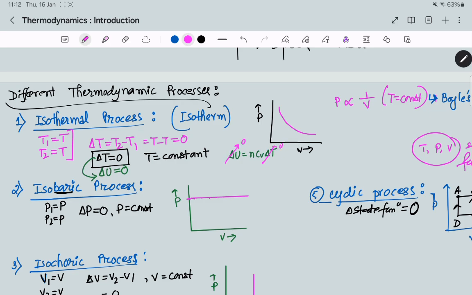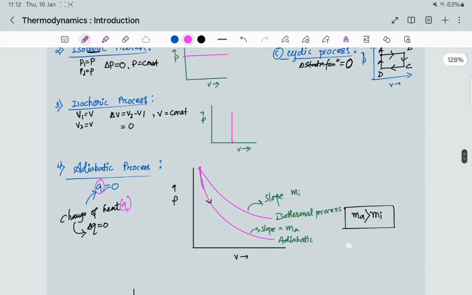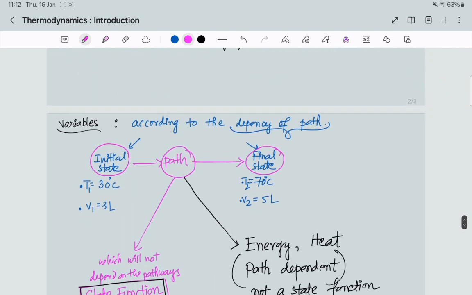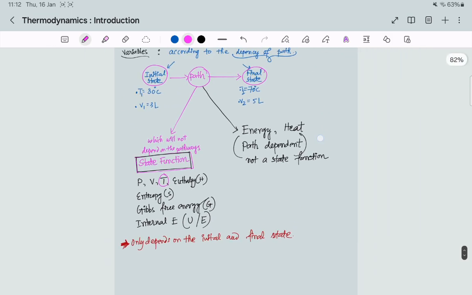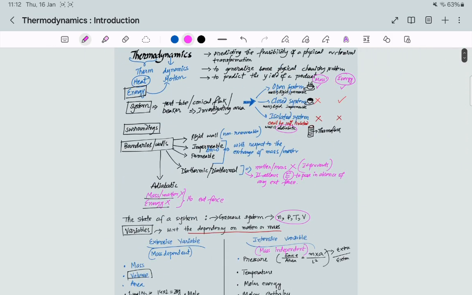So remember that for isothermal process, if you have to calculate the change in internal energy, clearly it will be 0. Okay. So these were the different thermodynamic processes. Thank you.